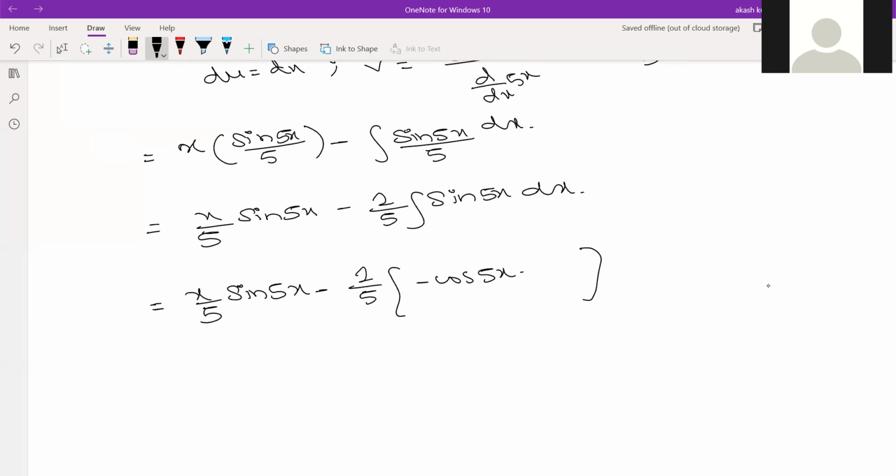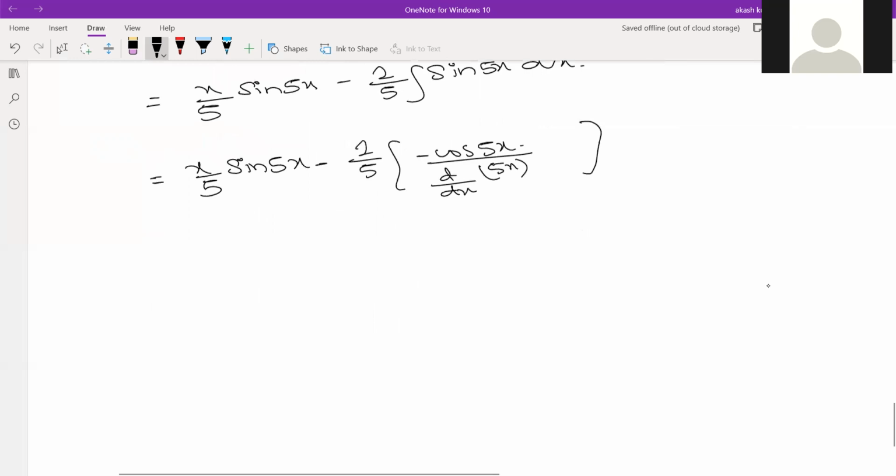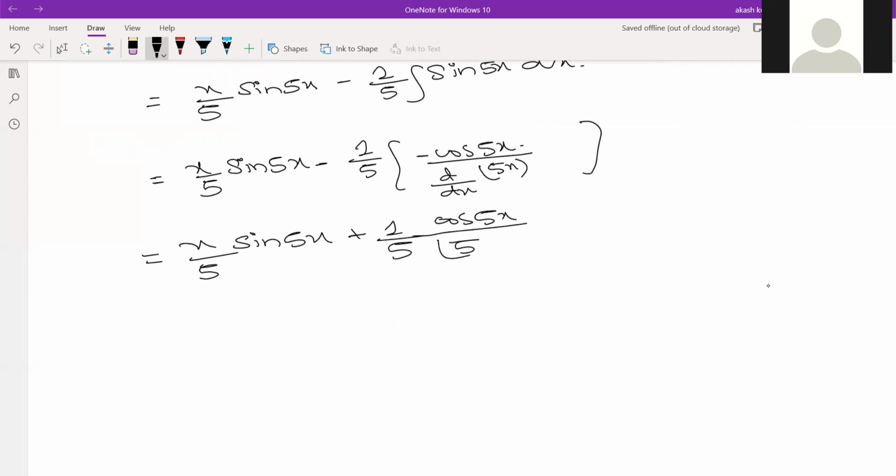And we have to divide by 5 again. So x over 5 sin 5x, minus minus becomes plus, 1 over 5 cos 5x divided by 5, and then plus c of integration.